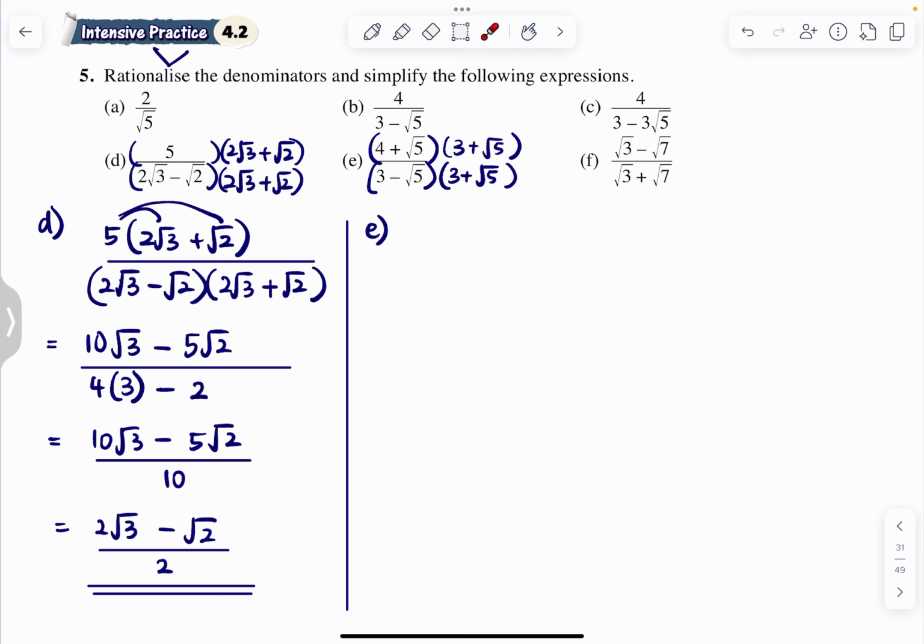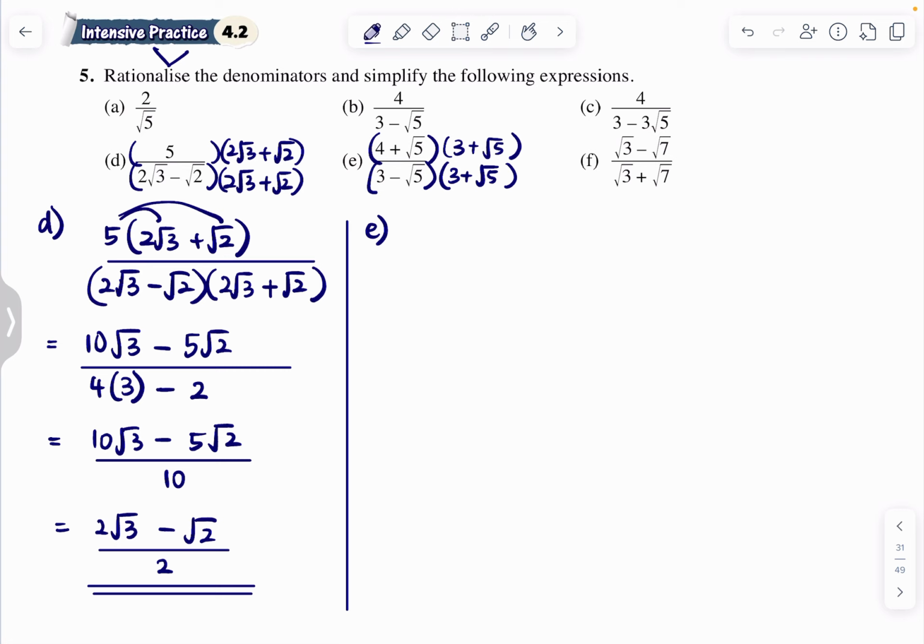Okay, don't get confused by multiplying this conjugate. If the bottom we multiply by this, on top also we must multiply by this, because this over this will be 1. So a fraction you can multiply by 1, it'll give you back the fraction. That's why top and bottom you must multiply the same thing.